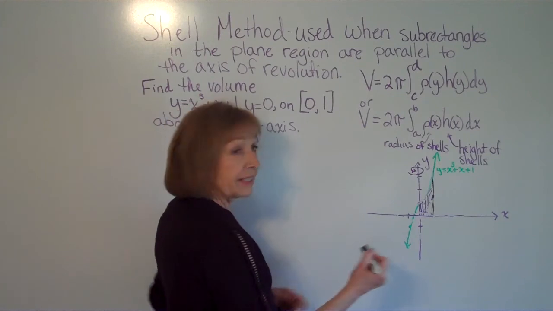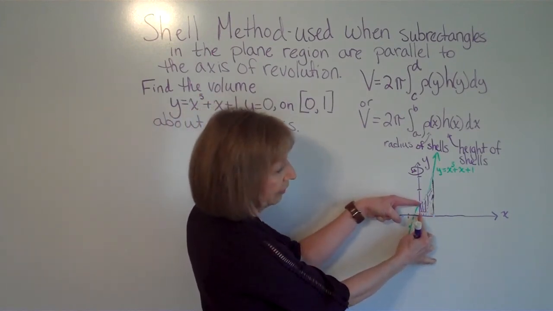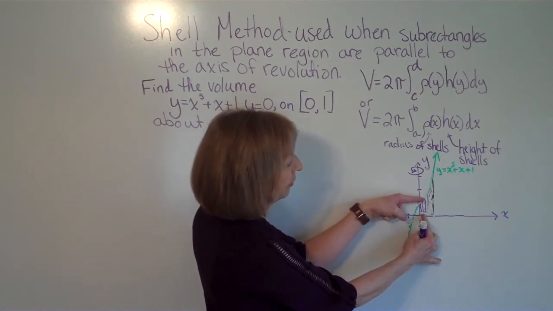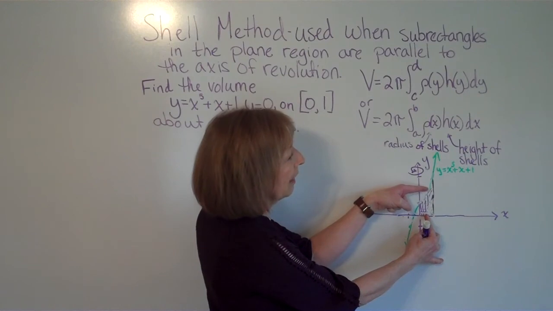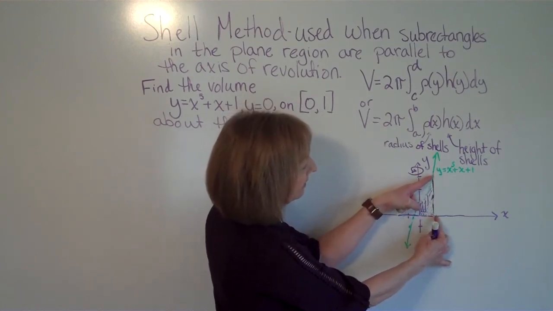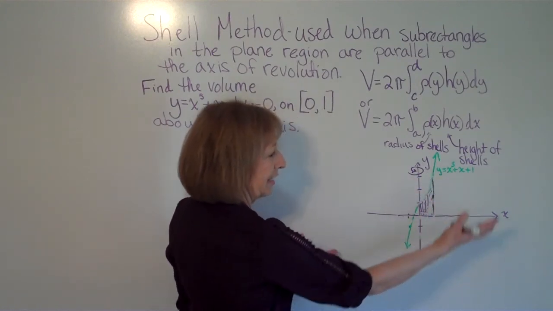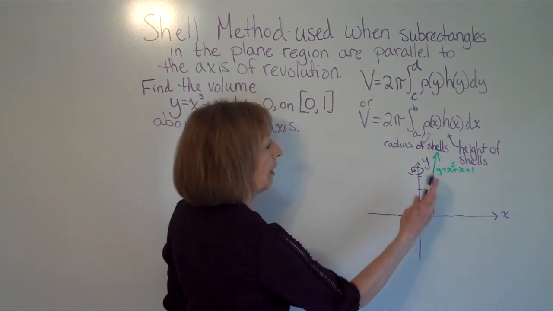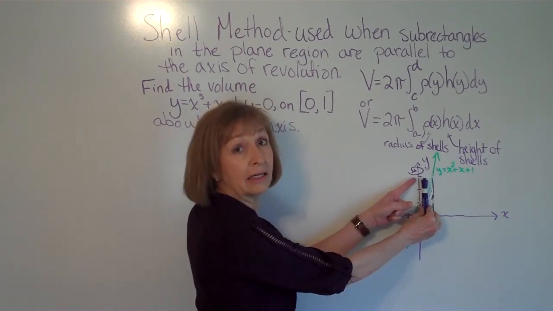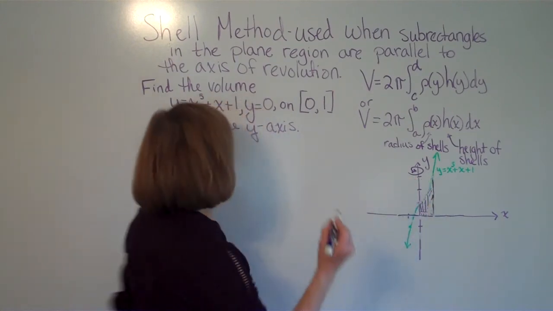We've discussed why we would want to run our subrectangles vertical. I also have consistency throughout the interval: the green curve is on the top and the x-axis is on the bottom throughout. It's an expression in x's, so I want to use dx, so I want my subrectangles vertical, but that makes them parallel to the axis of revolution, so I need to use the cylindrical shell method.